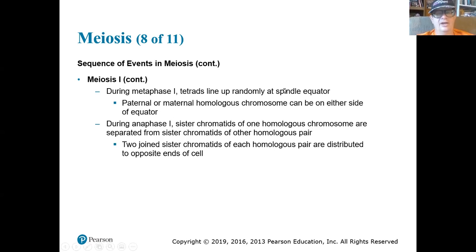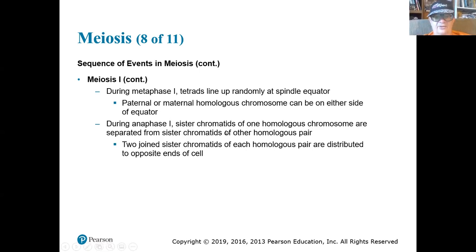Anyway, so in metaphase 1, you line up doubled chromosomes as a tetrad. And then in anaphase 1, you separate the pair, separate the double chromosomes. Nothing is torn in half, you just separate the pair.